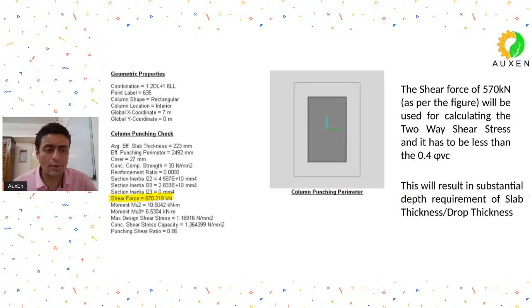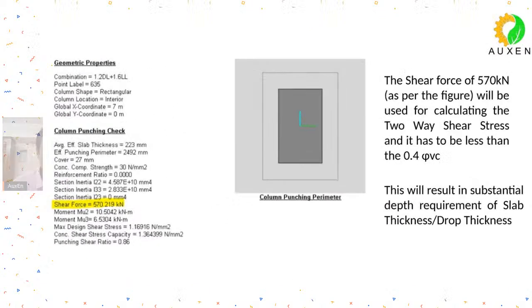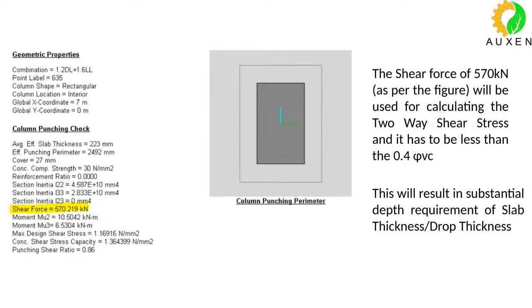Here I have taken a screenshot from the SAFE software and highlighted the shear force, and then there are some moments in the next two rows. The moments that you see, Mu2 and Mu3, just below the shear force are the unbalanced moments. These unbalanced moments also cause punching, they also add to the punching stress, and this direct shear force will of course add to the punching stress.